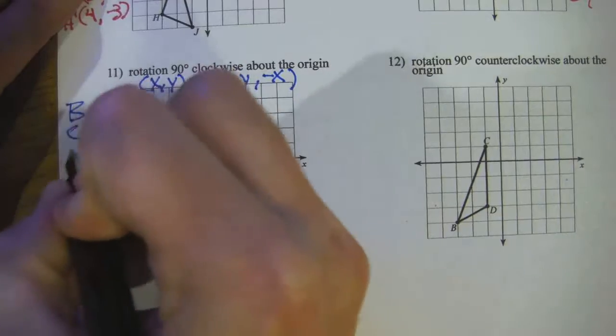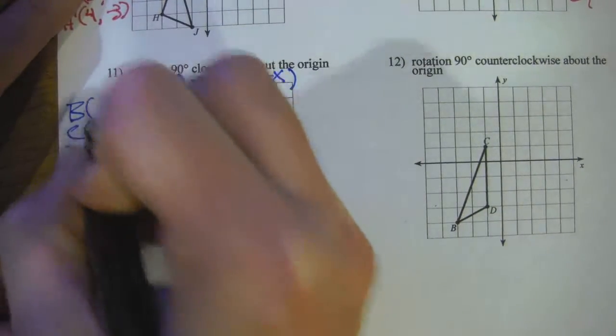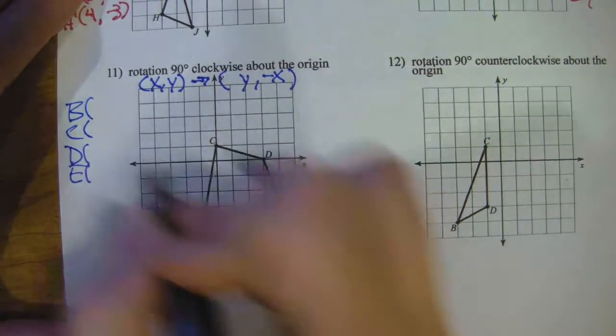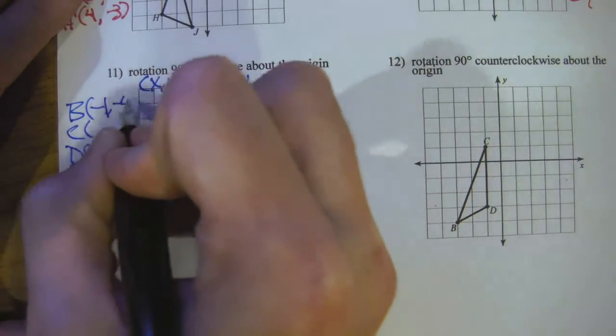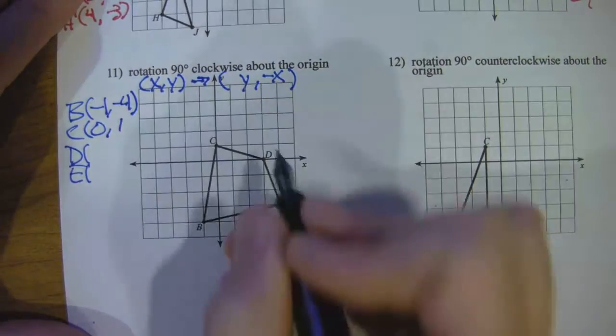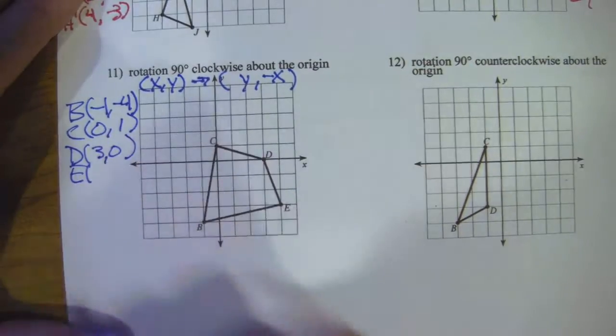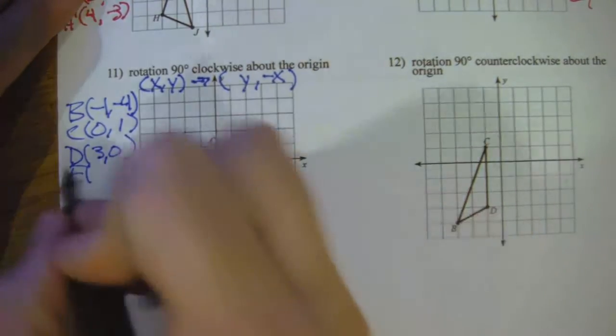So let's get them in here. We've got B, C, D, and E. B is at -1, -4. C is at 0, 1. D is at 3, 0. E is at 4, -3.